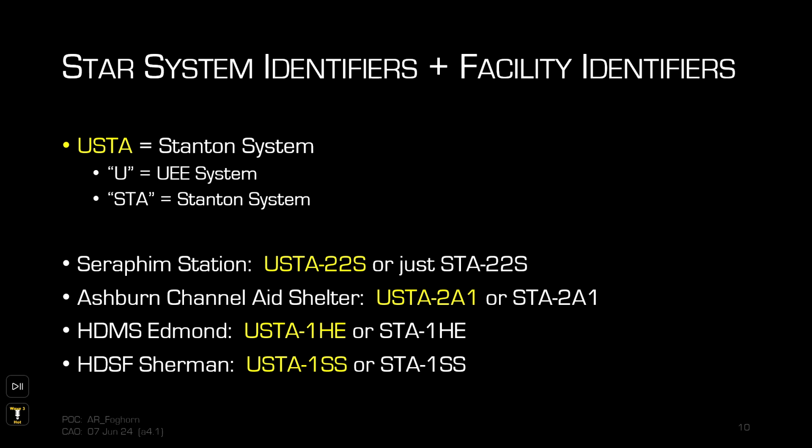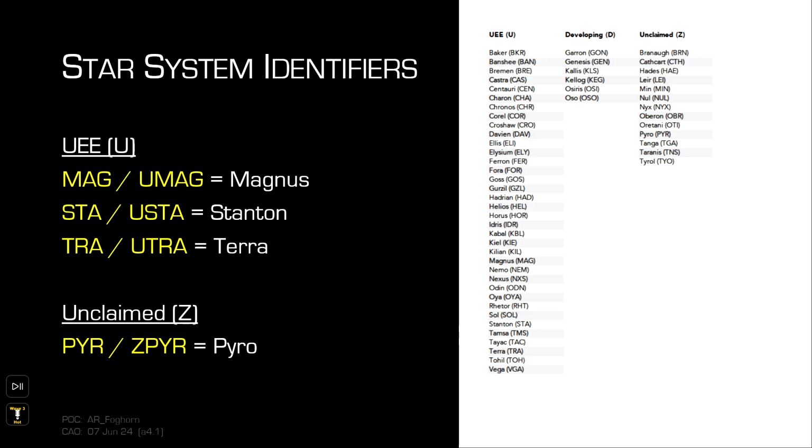Pyro is unclaimed, therefore unclaimed is Z. Developings are Ds, and then of course, I'm sure things like Xi'an and Banu systems will start with X and B, so X-ray and Bravo for those systems.